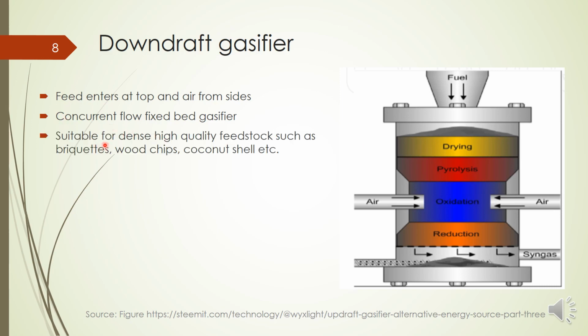And this downdraft gasifier is very much suitable for very dense and high quality feedstocks, so high density feedstocks like briquettes, wood chips, coconut shell, etc. So that is a major difference.